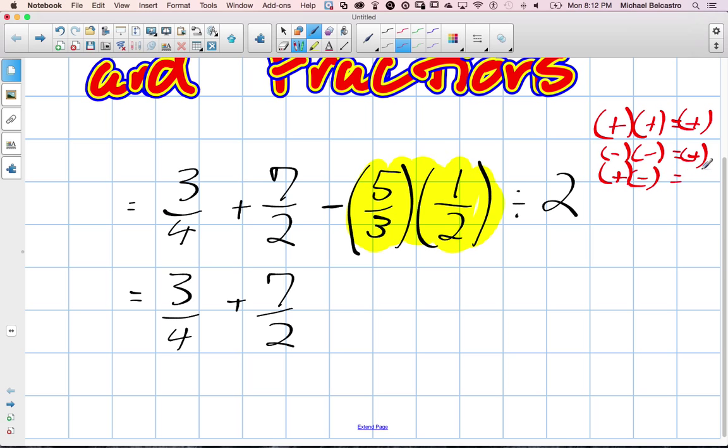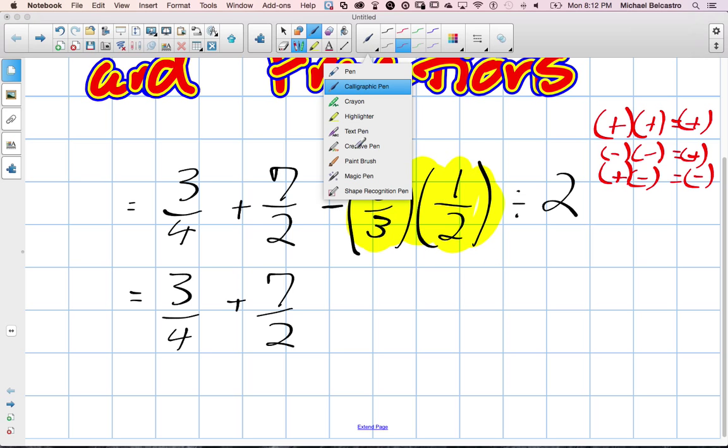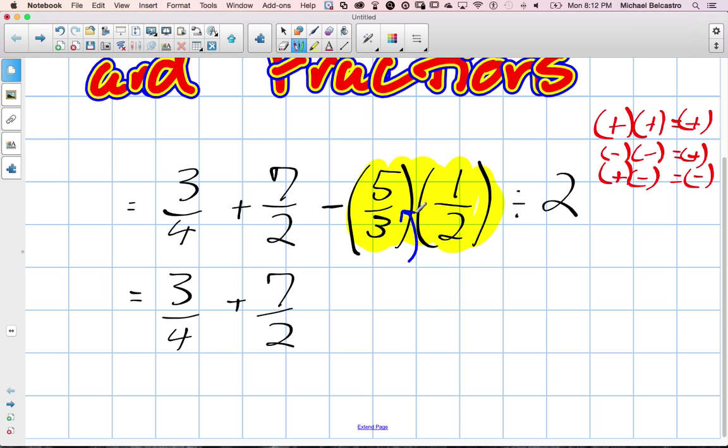Those rules are the exact same for division, and a fraction is really just a division question. It says 5 over 3. If I put a negative here and this is a positive, that means it's going to be a negative. That makes sense because we said this was a negative. If I do the opposite and make this a positive and this a negative, it still gives me a negative. It checks out.